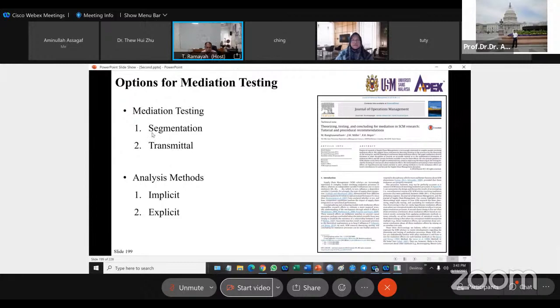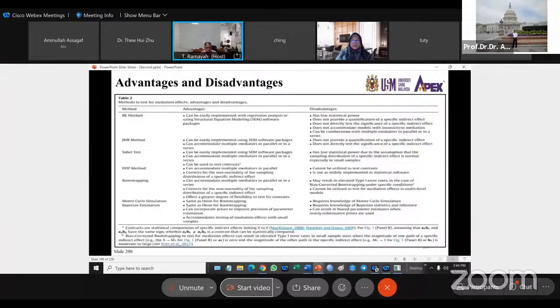For analysis method, they have also divided them into implicit and explicit. So for testing mediation, we have 7 different ways of testing mediation. 2 of them are implicit. What is meant by implicit is you don't get p-value or t-value. Barron and Kenny method and James, Mulaik and Brett method are implicit.